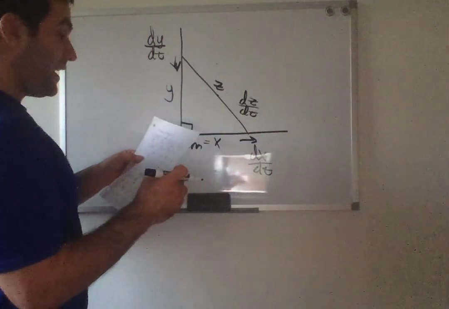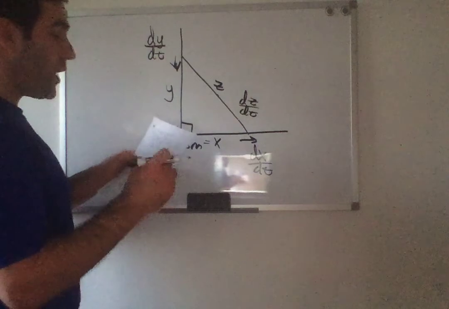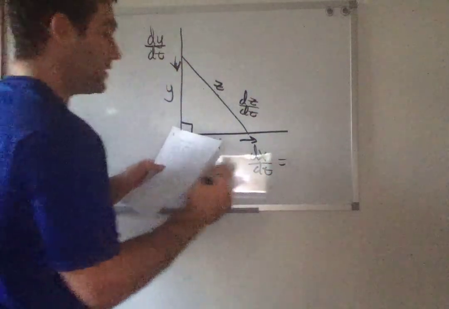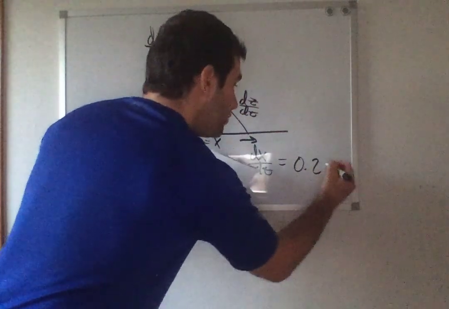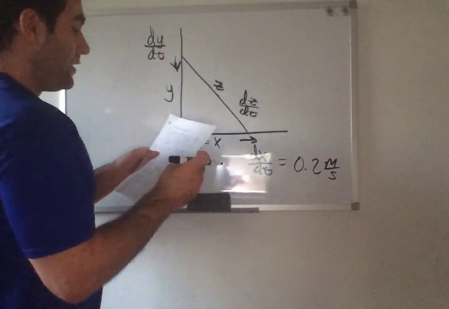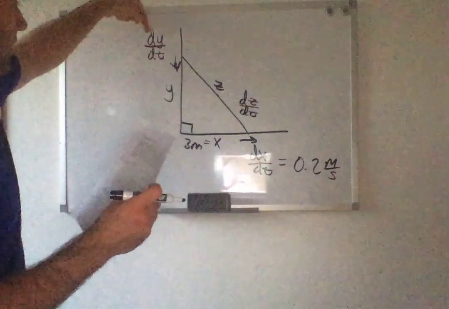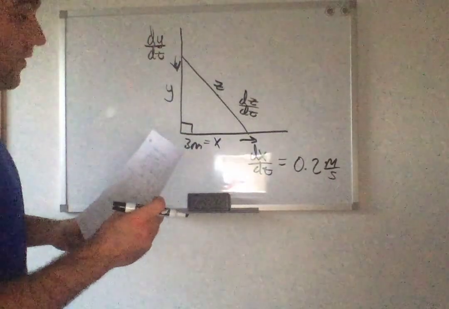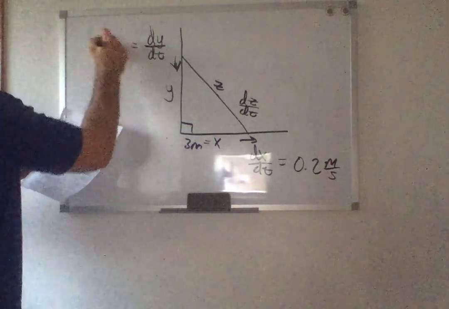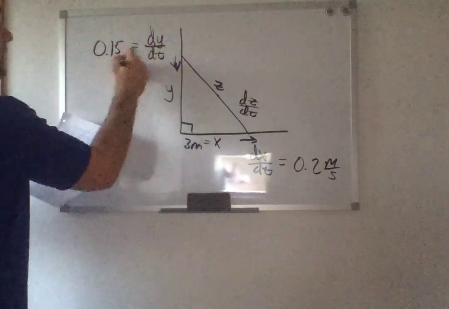They say that it slides away, so this x rate, dx/dt, is 0.2 meters per second. Now, they also tell us how fast this ladder is falling down. It is falling down at a rate of 0.15 meters per second.